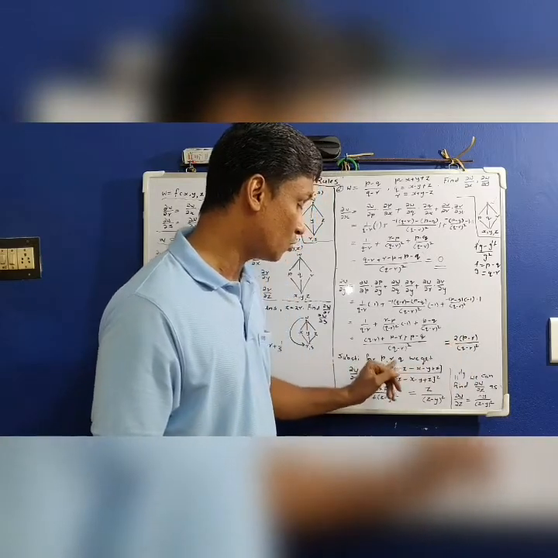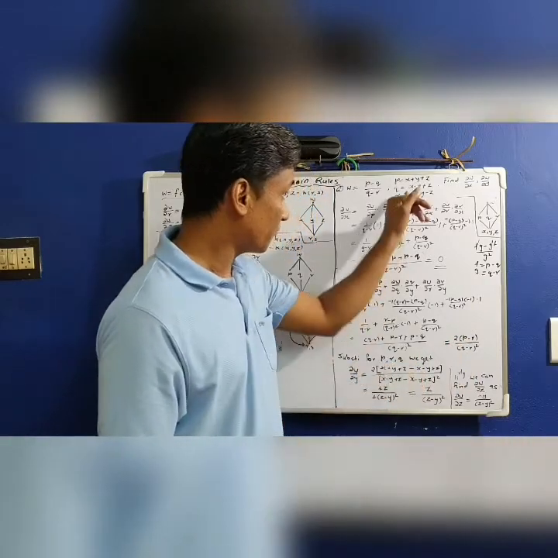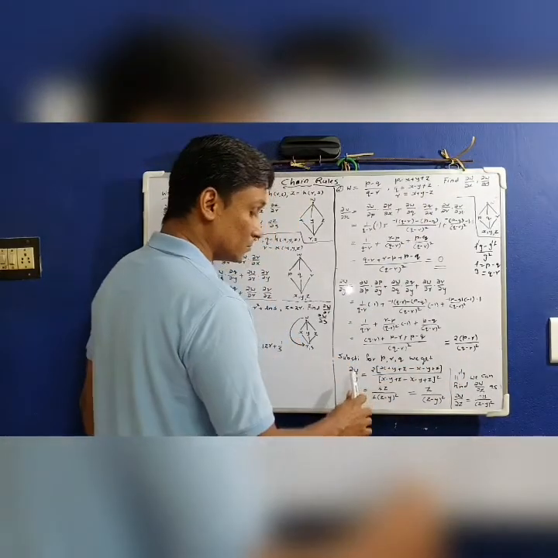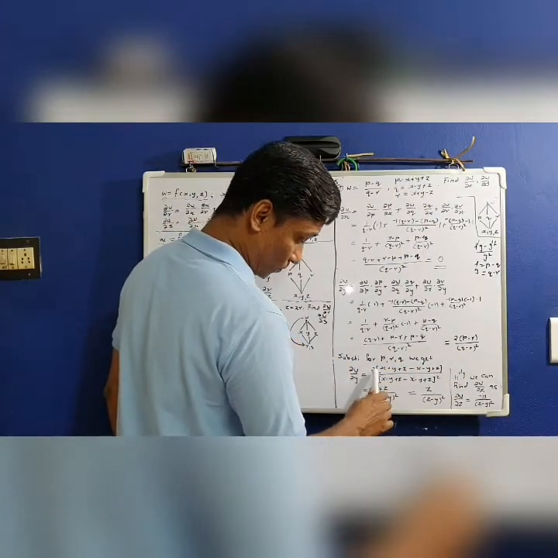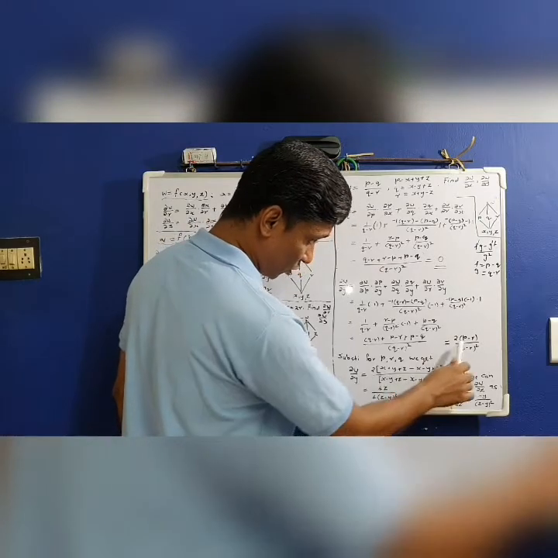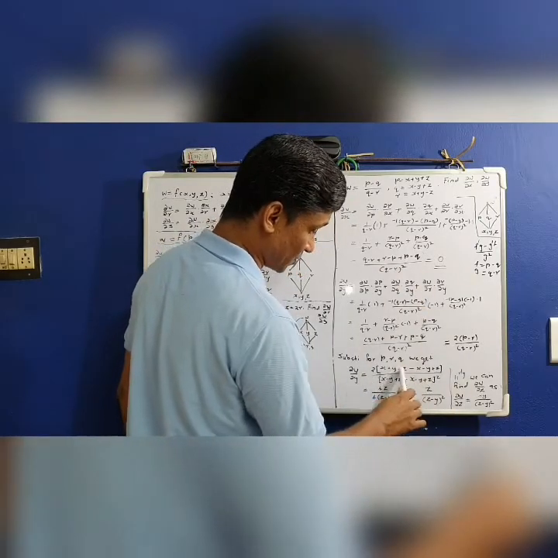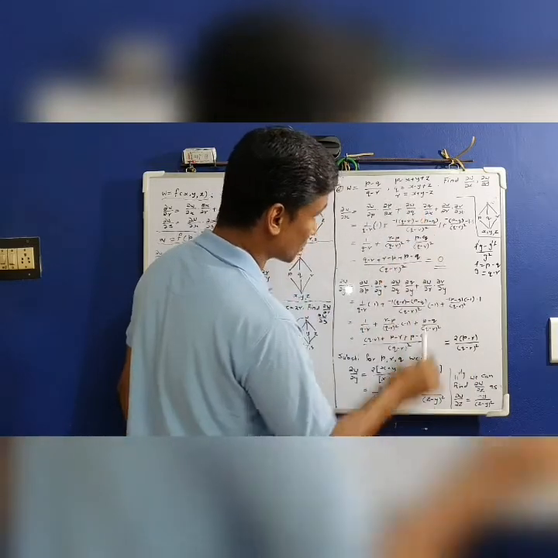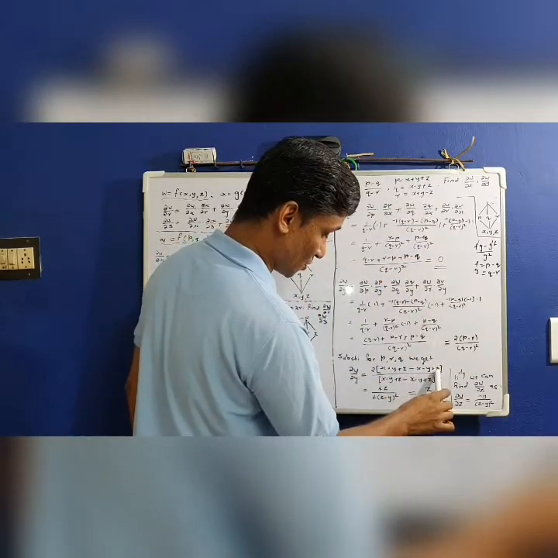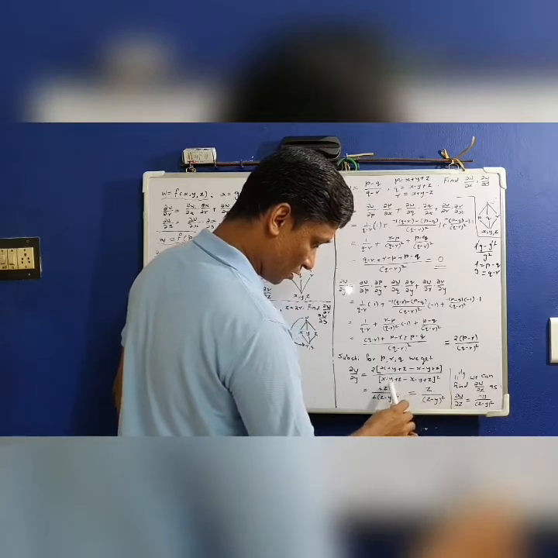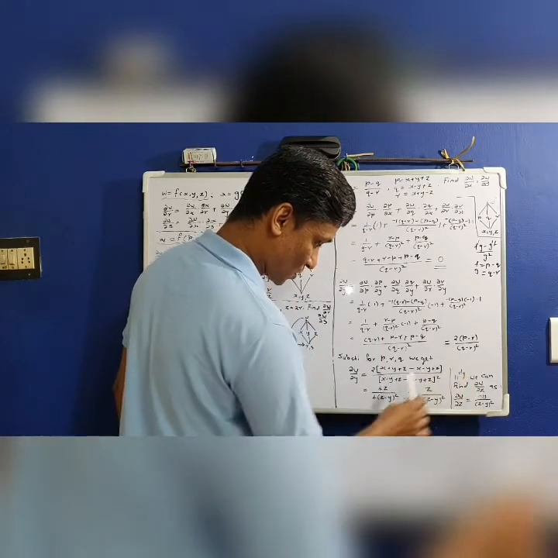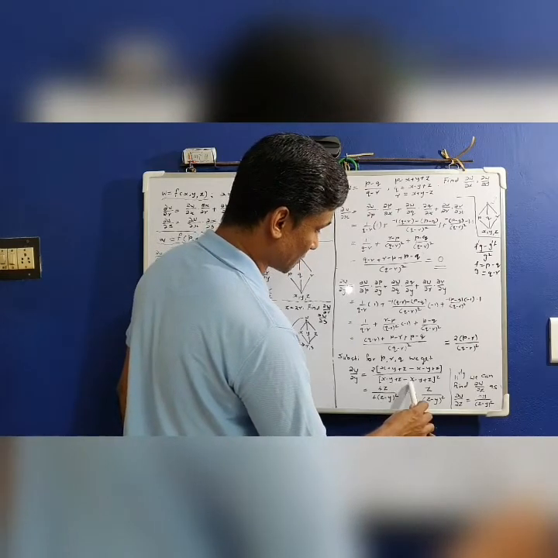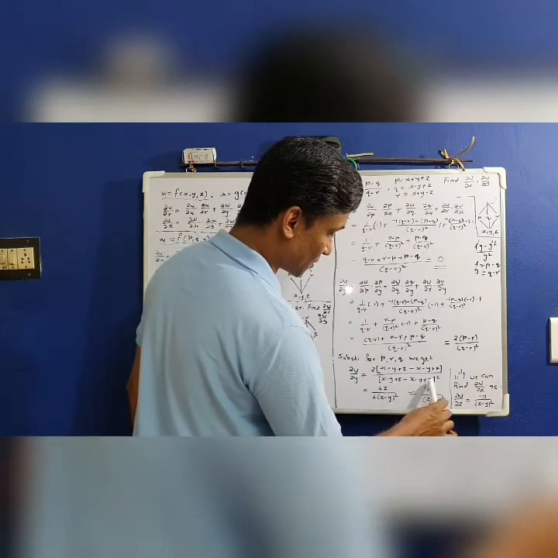You get ∂w/∂y equal to 2 into, what is p? p is x plus y plus z, minus r means minus x minus y plus z, and in q minus r, q is x minus y plus z and minus r is minus x minus y plus z, whole square.